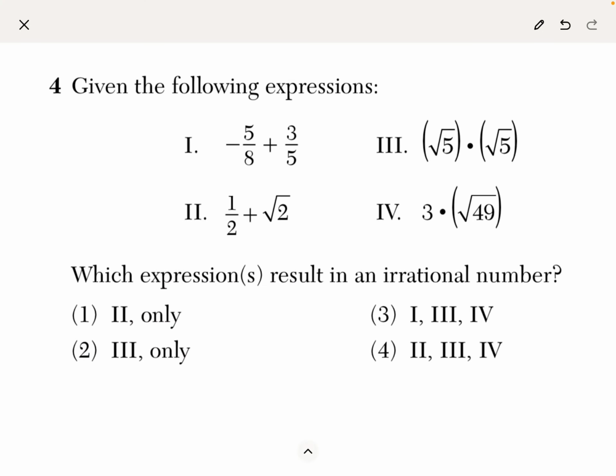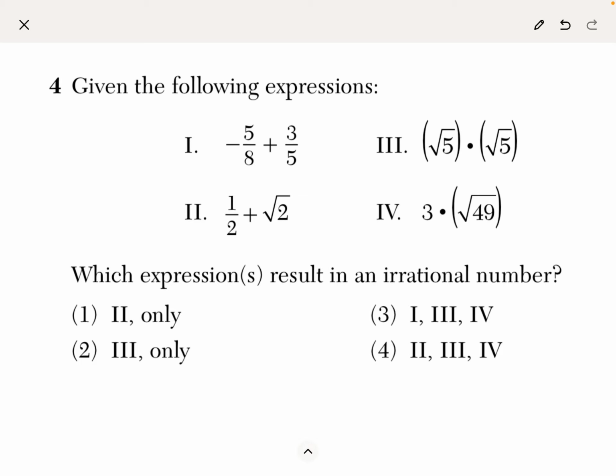Now here's another example. It's basically the same idea. They've just presented it a little differently. What you should be doing is going through and identifying what's rational and what's irrational first, and then determining, am I adding those? Am I multiplying those? And then what should happen? So I'm going to start with number 1.